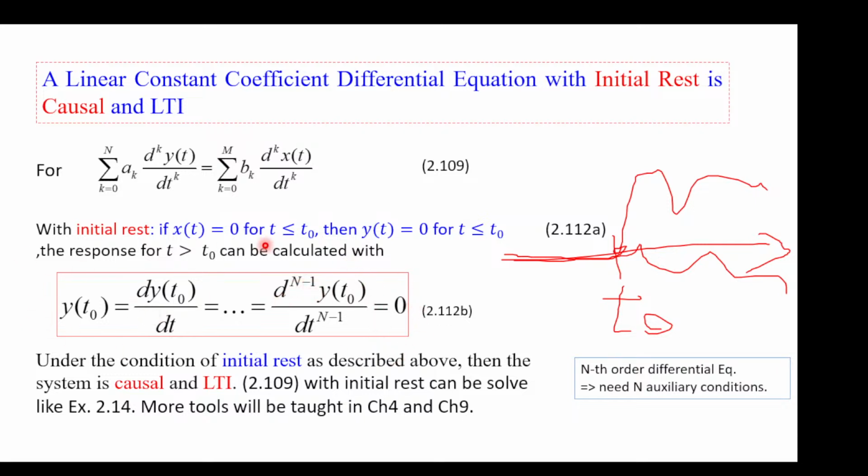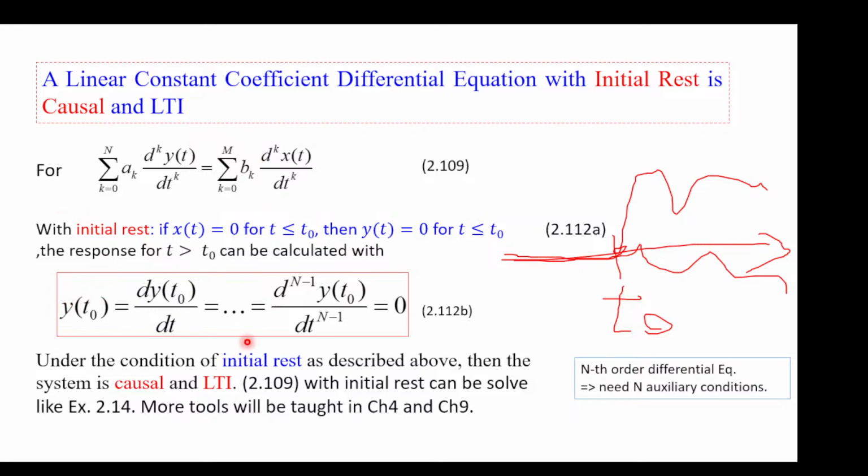And this is a general thing for solving a differential equation. If you have an nth order equation, and this is why we call it an nth order differential equation, then this n is very important because when n is larger, it's harder to solve. We know that if it's an nth order differential equation, then you need auxiliary conditions to specify it down to a particular solution.